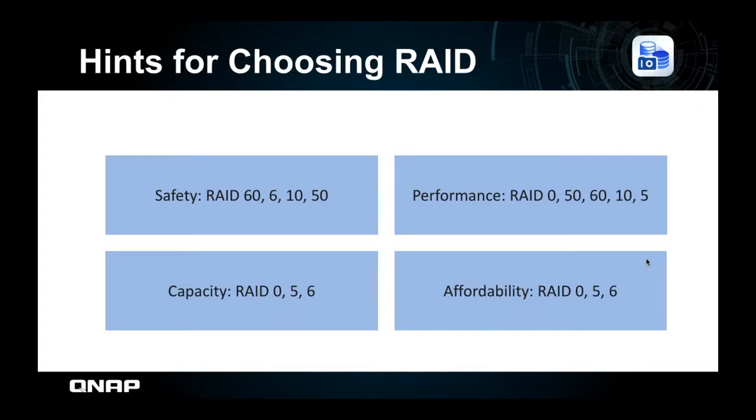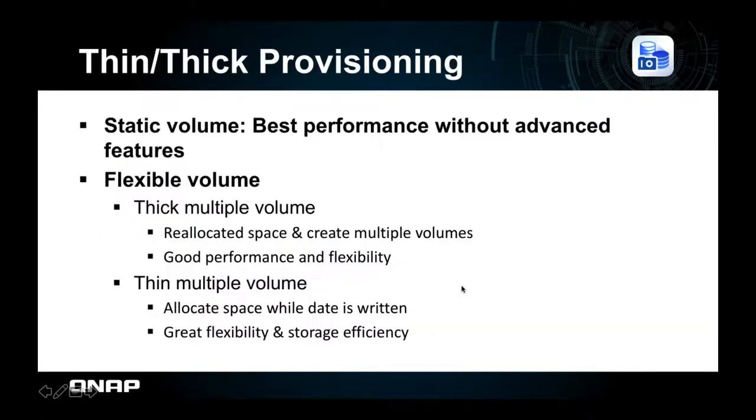For capacity, RAID 0, 5, or 6 would offer you very high capacity. And really affordability and capacity would be the same numbers. Basically, whatever gives you the highest capacity from your drives will be the cheapest per terabyte for storage. So affordability, capacity is the same RAID configurations.